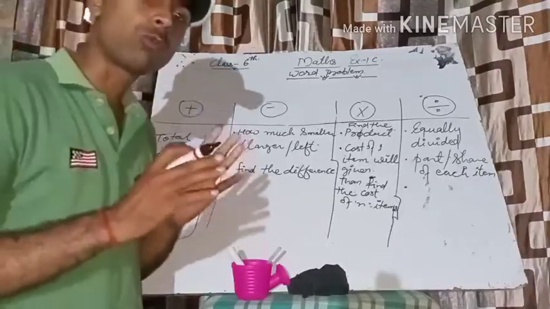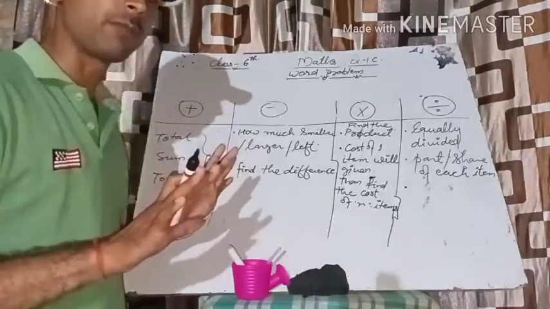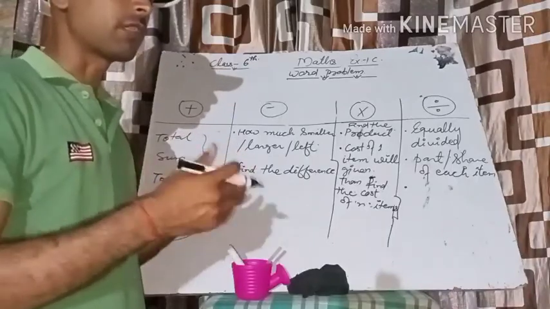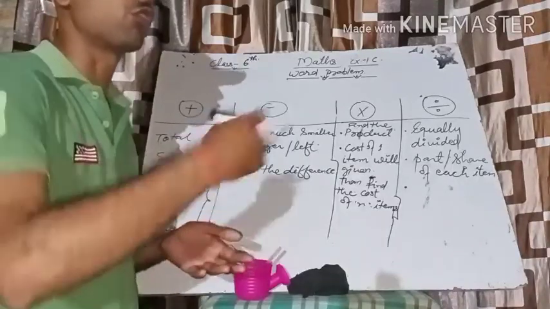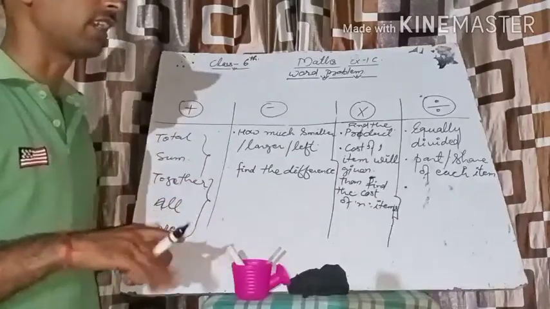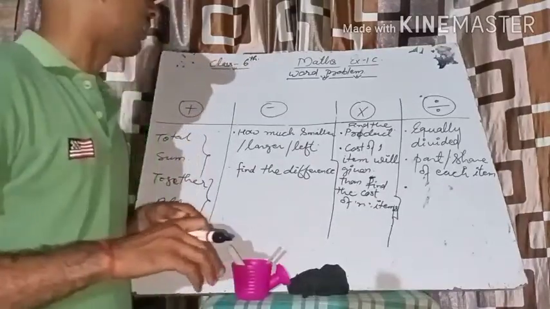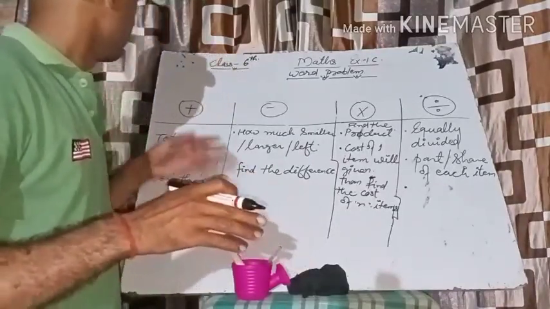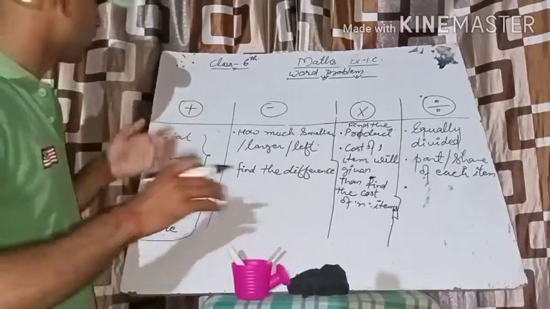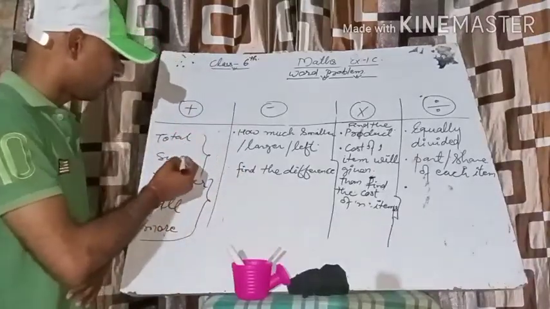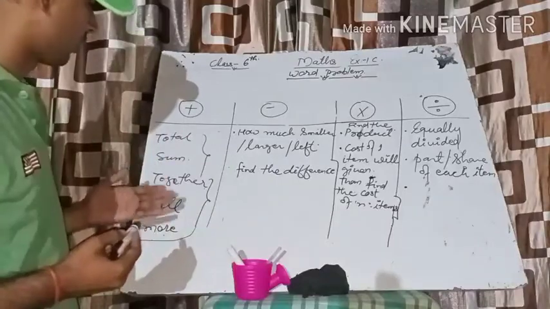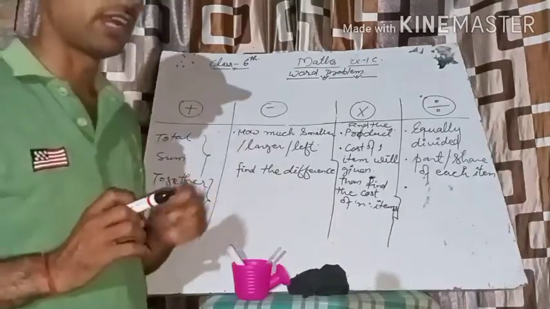I am saying most of the time, not every time, because sometimes the examiner may twist your question. Whenever you see total, sum, together, all or more, you use addition.